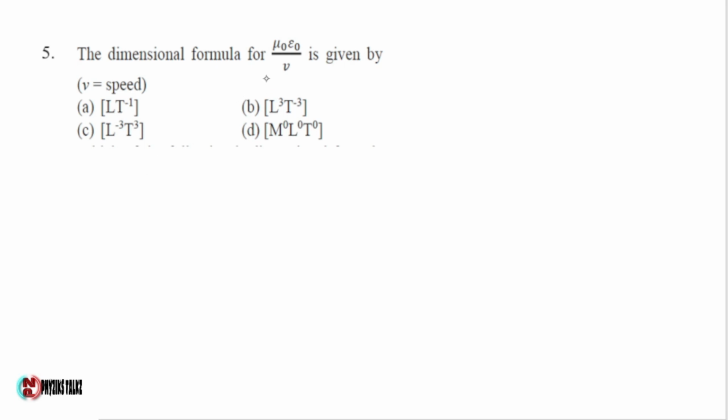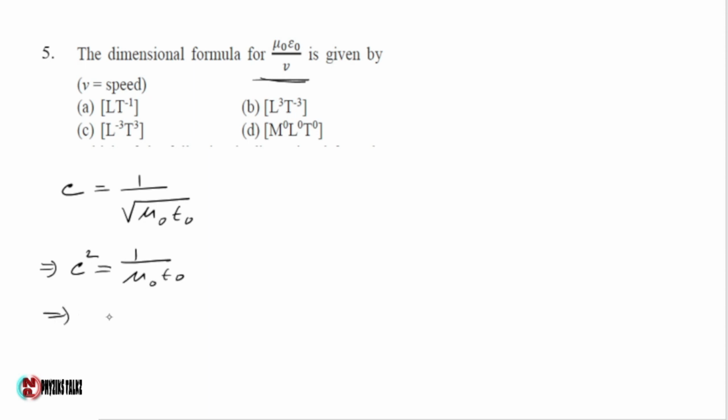The dimensional formula of this constant. Now we all know velocity of EM wave or velocity of light in free space, c equals 1 by root over mu naught epsilon naught, where mu naught is permeability of free space and epsilon naught is permittivity of free space. Now c square equals 1 by mu naught epsilon naught, and mu naught epsilon naught equals 1 by c square.